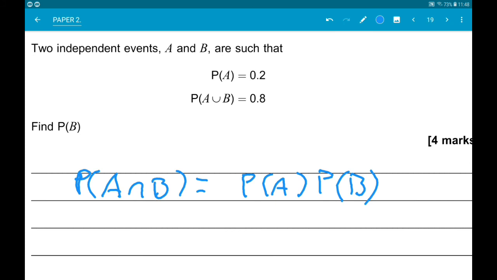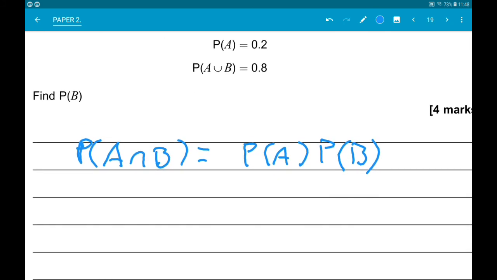Okay, now that isn't much use. What else do we know? Well, we also know A union B is the probability of A plus the probability of B minus the intersection.